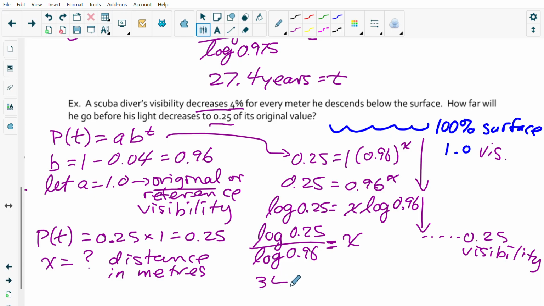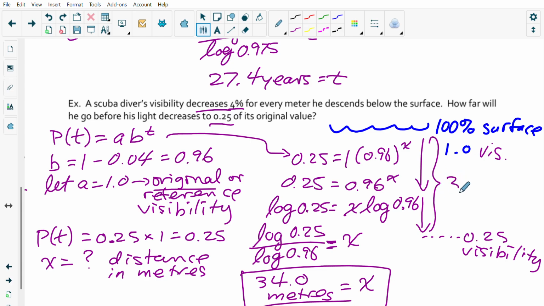Okay, and then that is, to the nearest tenth, 34.0 meters. Oops, sorry, this is a distance value. So 34 meters. So this distance is 34 meters below the surface when the visibility decreases 4% for every meter descended below the surface. It's 34 meters when you reach 25% of the visibility left over.